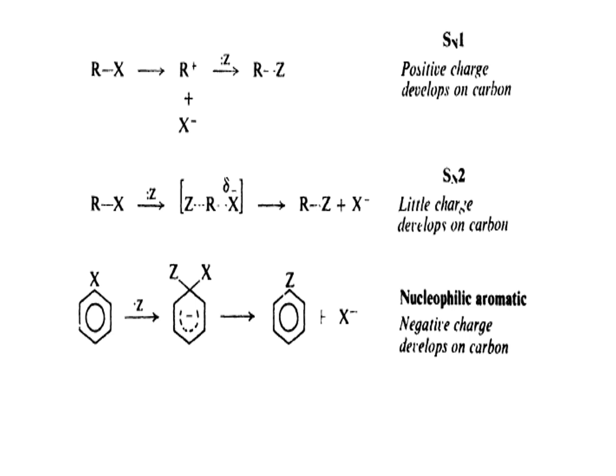In SN2 reaction, the departing group departs and the attacking group gets attached simultaneously; bond breaking and bond making occur simultaneously. In nucleophilic aromatic substitution, especially by the bimolecular displacement mechanism, there is an intermediate formation of carbanion, and from this carbanion the halide ion leaves.